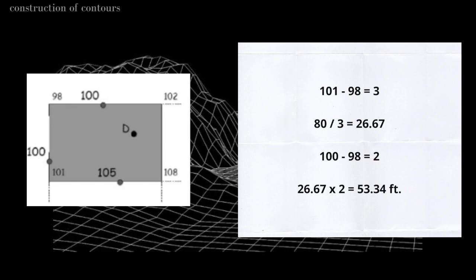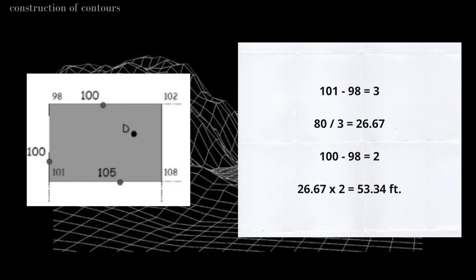Next, we're going to solve for the left edge of the grid cell. First we're going to find the height difference by subtracting 98 from 101, which gives 3. Then, given that the vertical dimension of the grid cell is 80 feet, we divide 80 by our height difference of 3, which gives us 26.67.